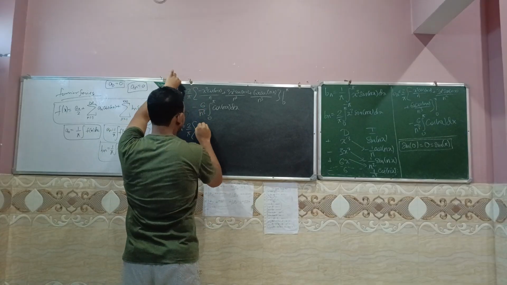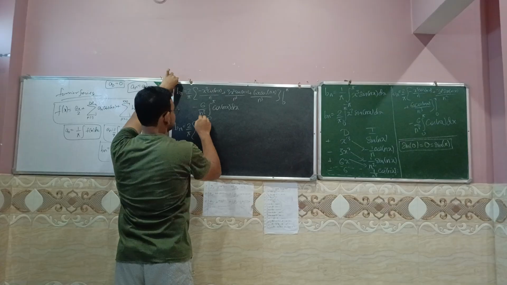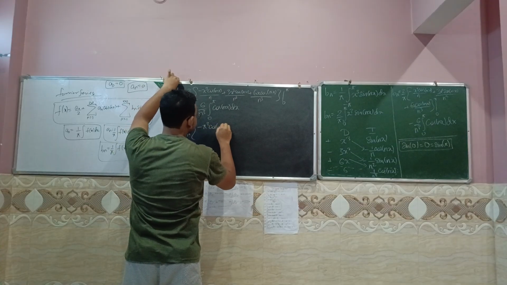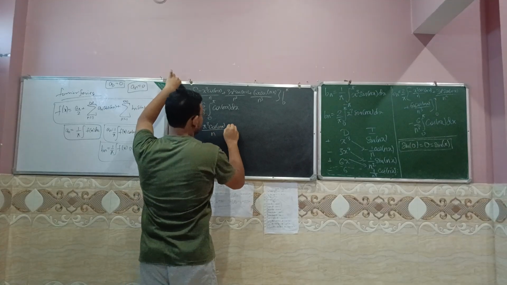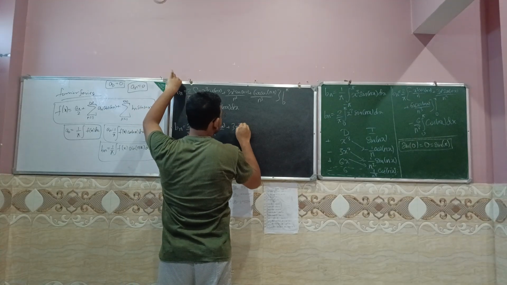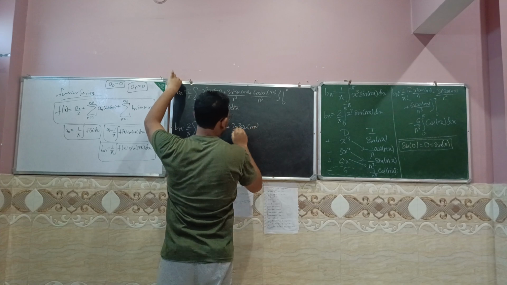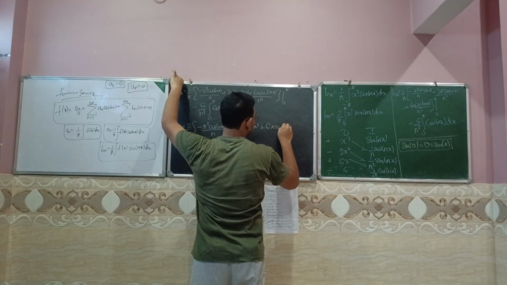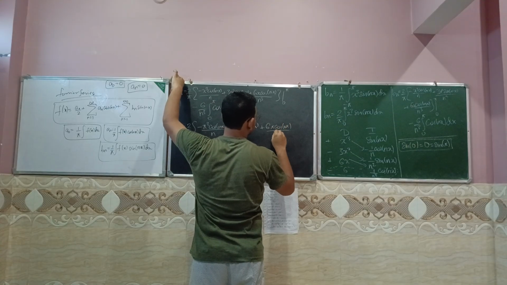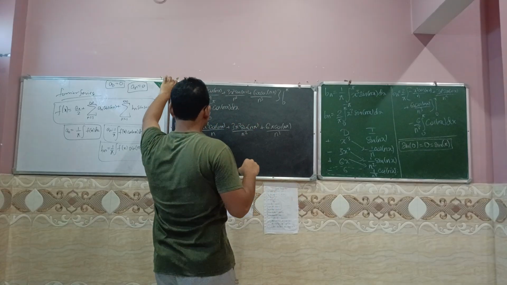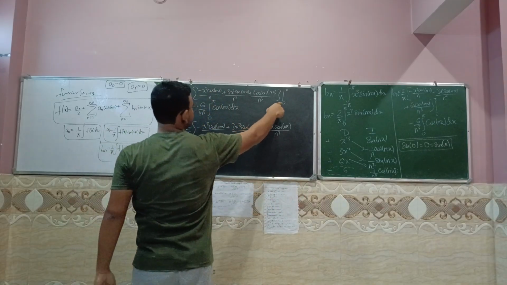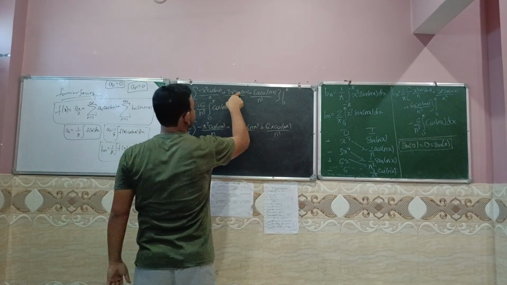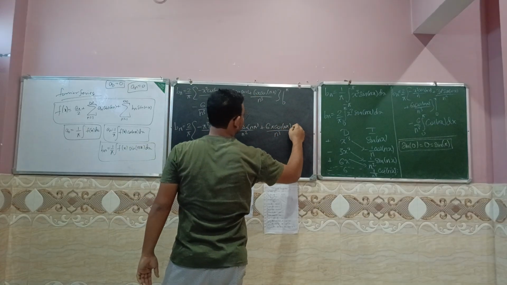Plugging pi in the place of x in this bracket, we have negative pi cubed cos n pi over n plus 3 pi squared sine n pi over n squared plus 6 pi cos n pi over n cubed, right? And then putting 0 in the place of x, 0 times anything is 0, so this is going to be 0, right?